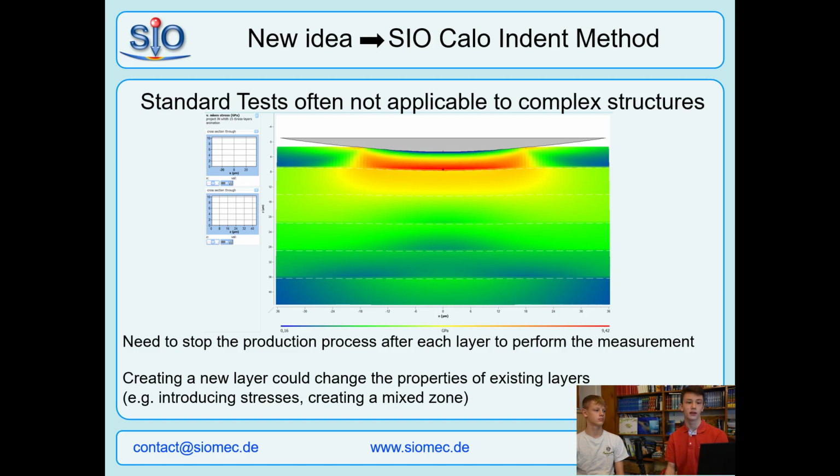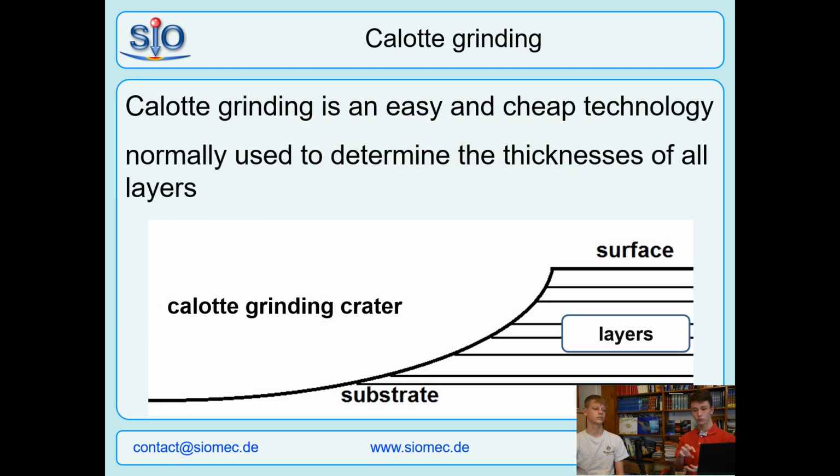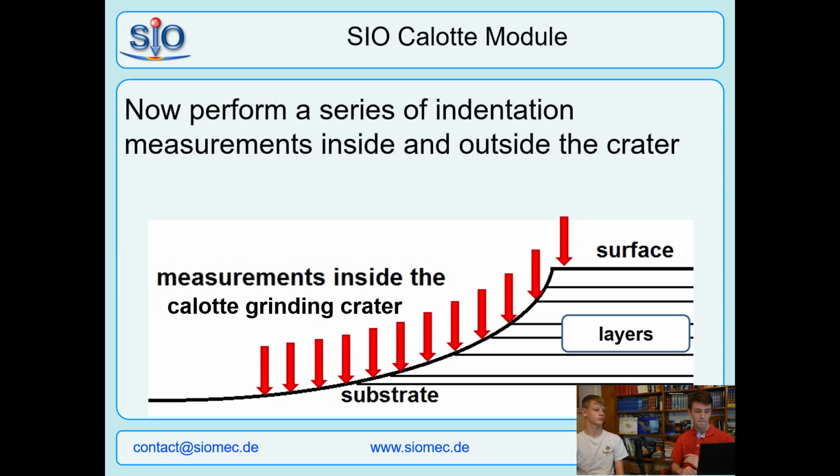With the Calo Indent Method, you kind of grind a big crater into your material so that all your layers and also your substrate are now on the surface of this crater. For example, here you can see it very well. And then you choose points in which you now press into and use your usual OPFC method.